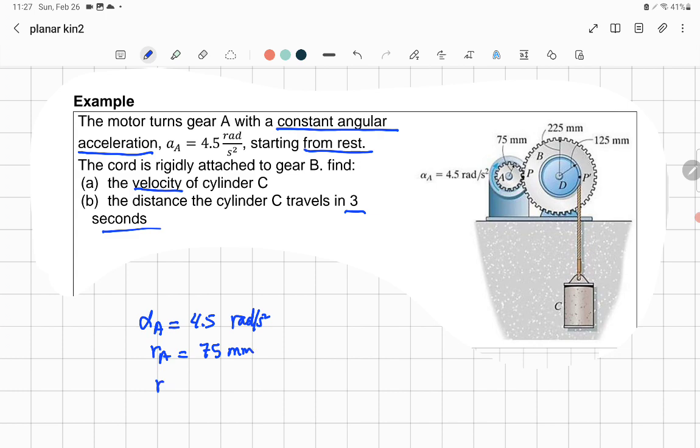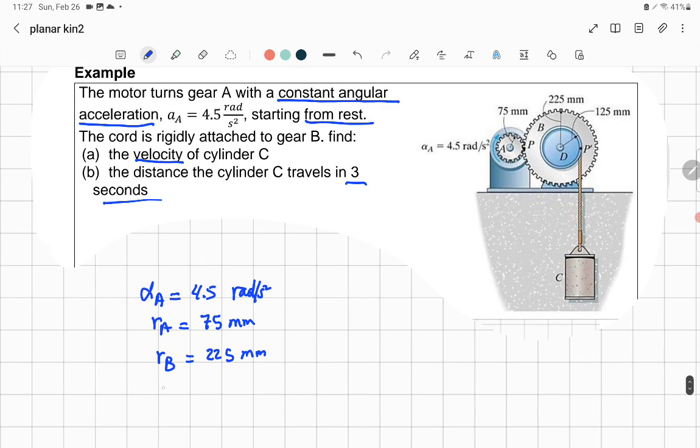Now we'll go for B. You got to look at B here. We have the pulley, which has the radius 125, and you have the gear B. So you have A, B, C, D. All right. So RB, which is the gear, is equal to 225, and RD is equal to 125 millimeter.